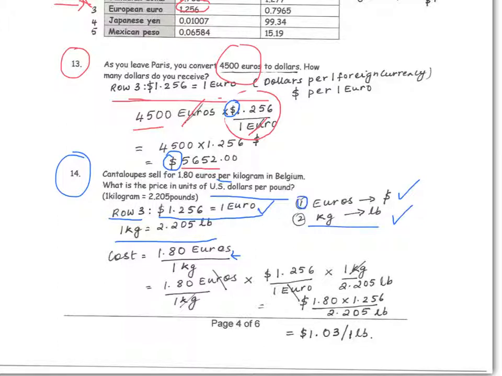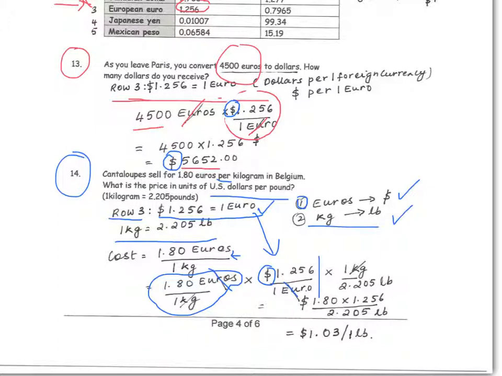We take 1.80 euros divided by 1 kilogram and multiply it with our conversion fraction, which we get from the conversion equation: $1.256 in the numerator divided by €1 in the denominator. This helps us cancel the euros. So now our answer is in dollars per kilogram at this point.